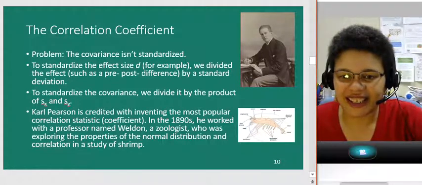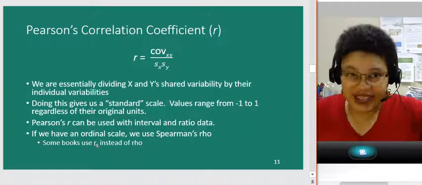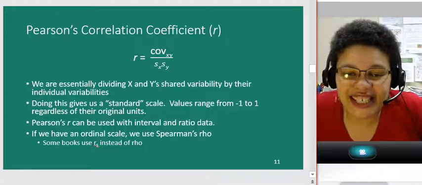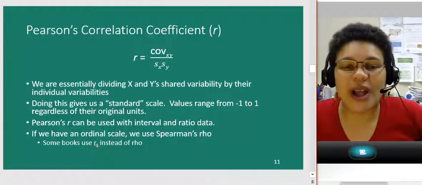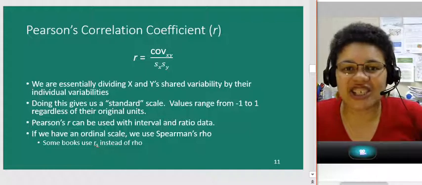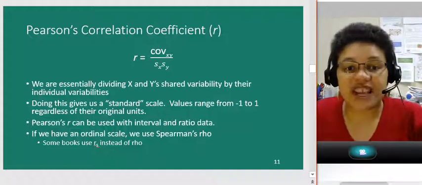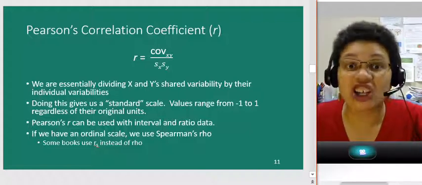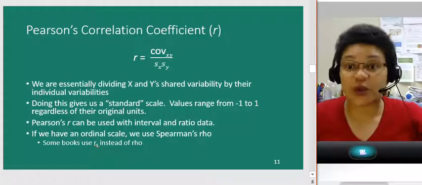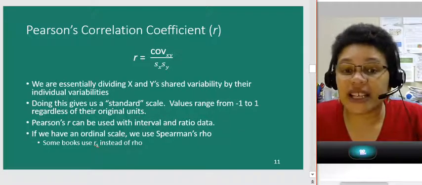All right. Slide 11. So, here was the formula that he invented to have a standardized way of looking at the relationship between two variables. We get a standard scale where the values range from -1 to 1, regardless of the original units, whether it was in inches or pounds, for example. And it can be used with continuous data.